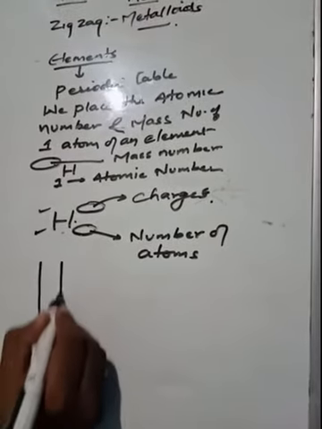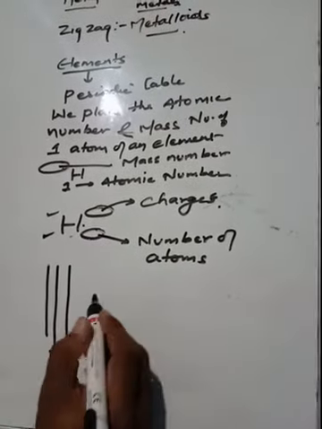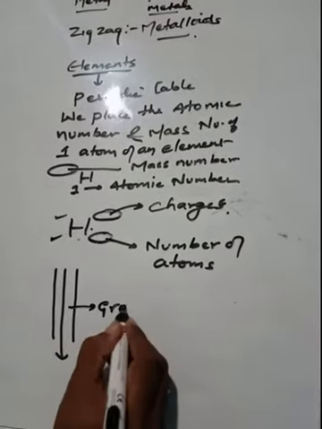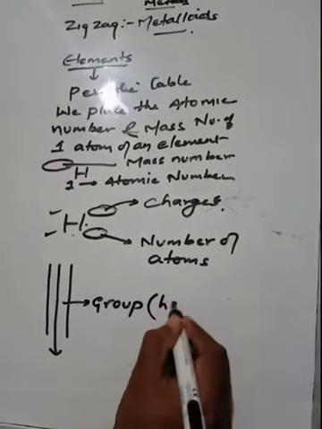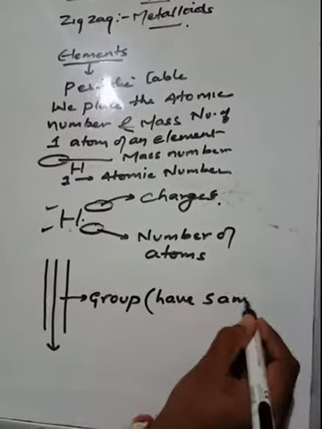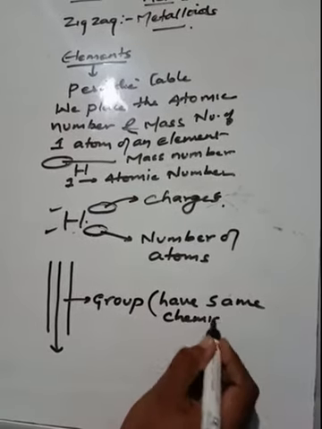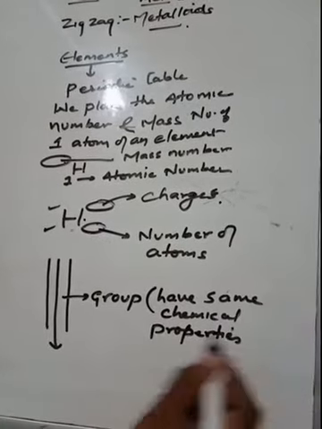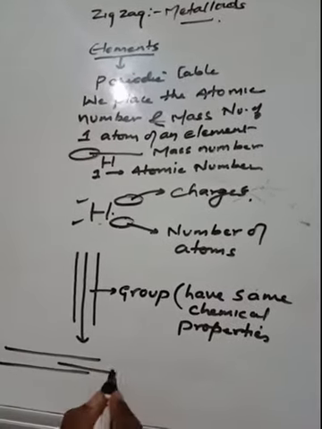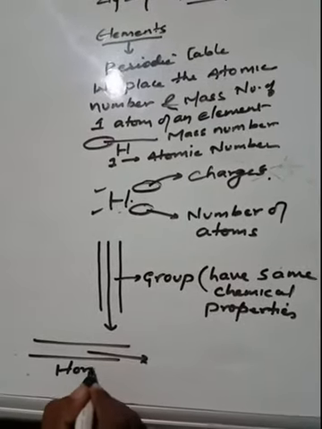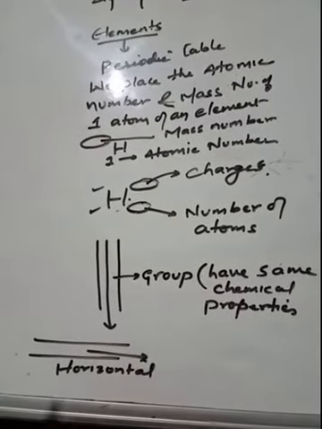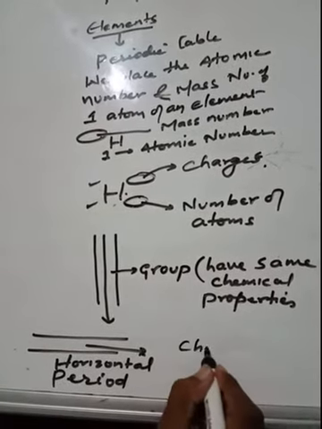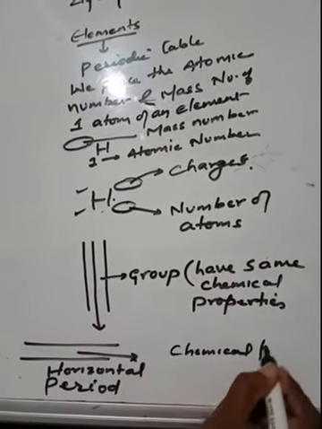As you move down in a vertical section, this is regarded as a group. Groups have the same chemical properties. And if you move in a horizontal way, horizontal means period. Chemical properties differ.